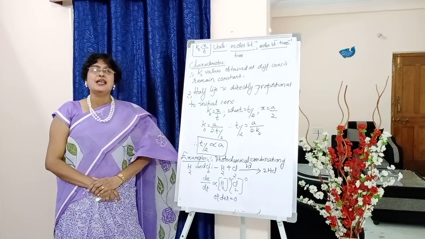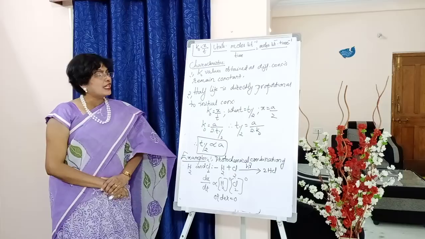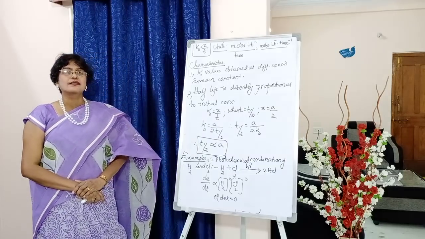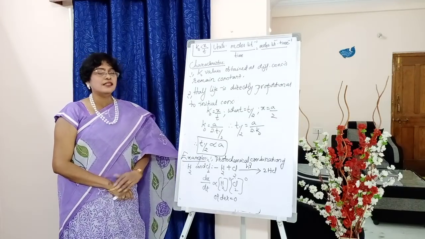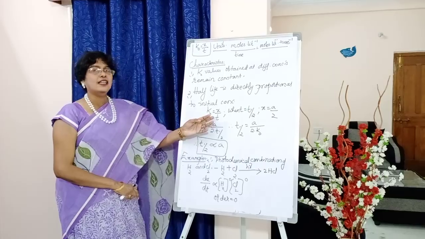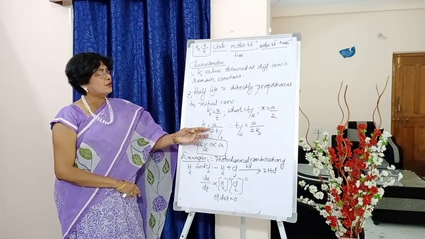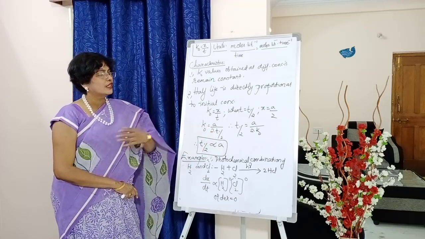Substituting these values in the above expression, write down K naught is equal to x, how much, students? A by 2. Denominator t we have. T is how much? T half. So K naught is equal to A by 2 into T half.